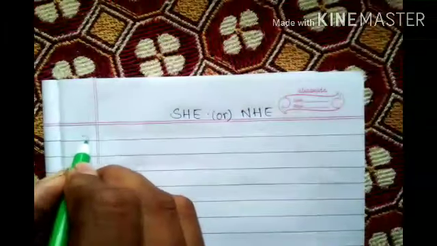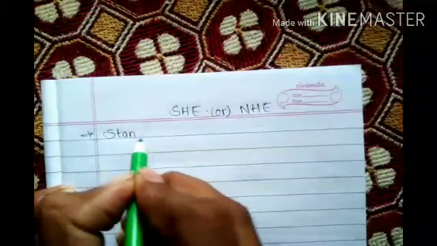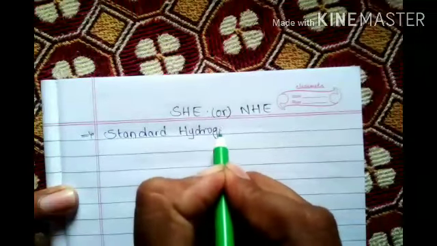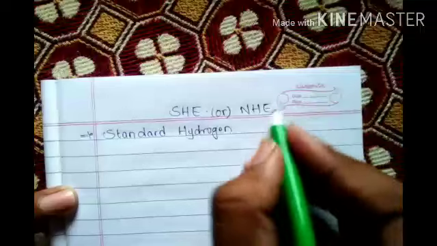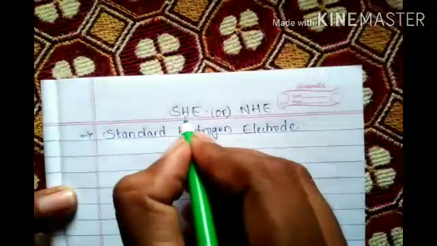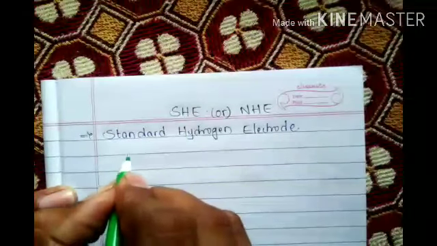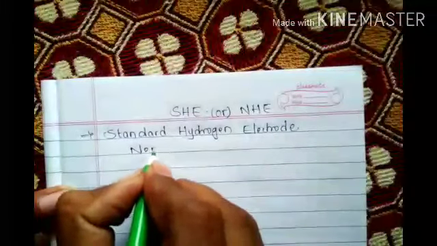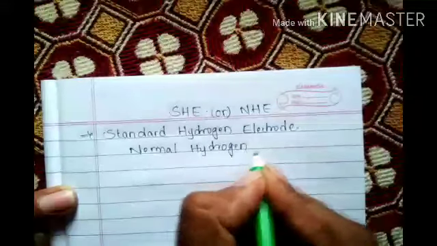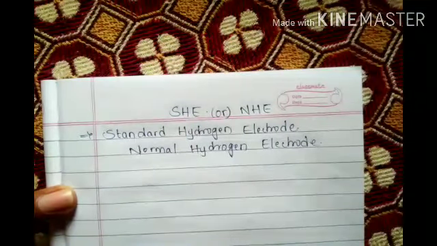This abbreviation is standard hydrogen electrode, or normal hydrogen electrode. Either you can call it standard, or we can call it normal.